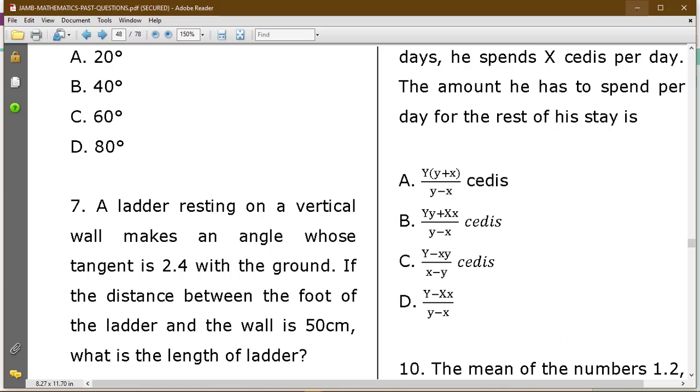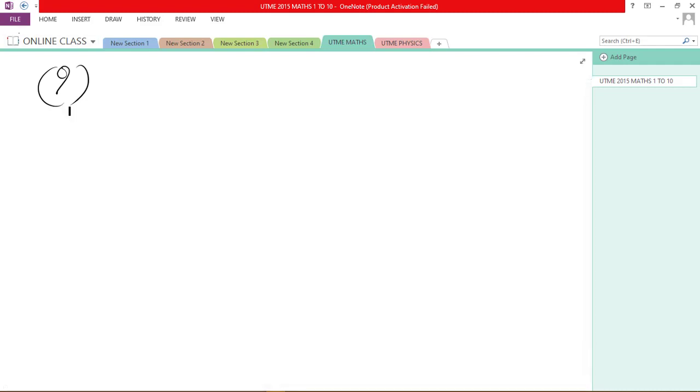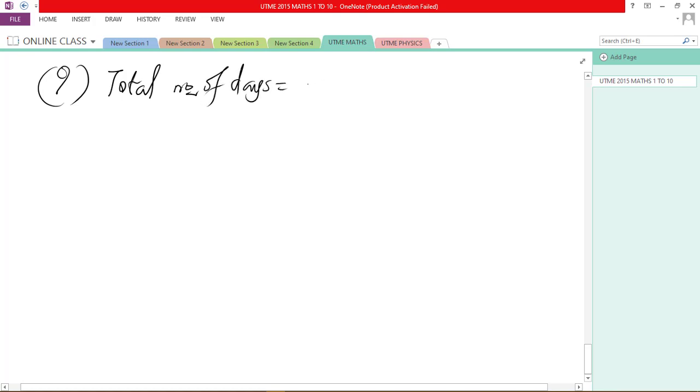Okay, the spending is X capital. So the days are in small letter. That means total number of days equals Y.